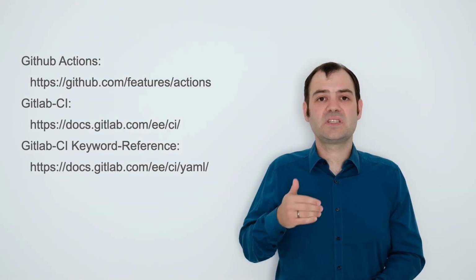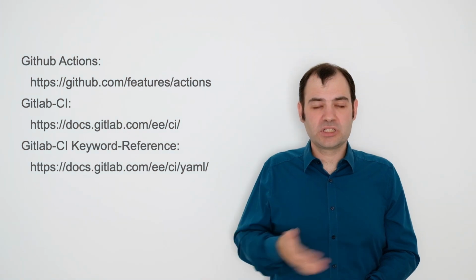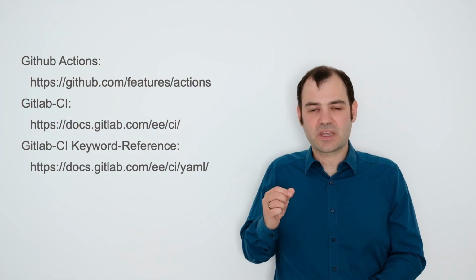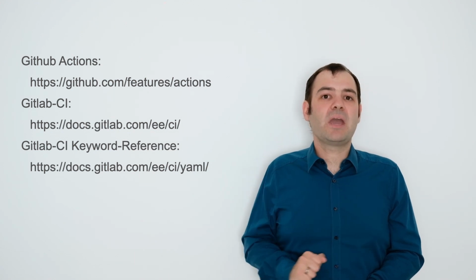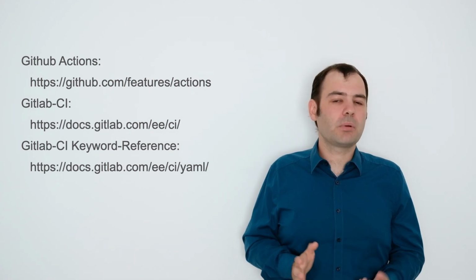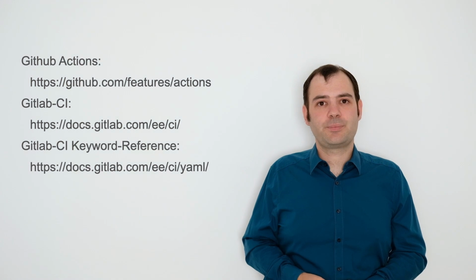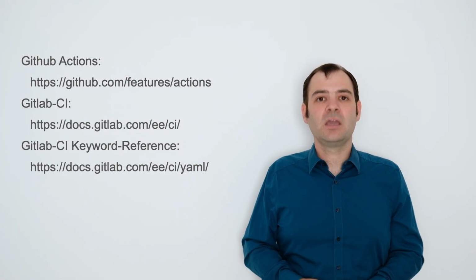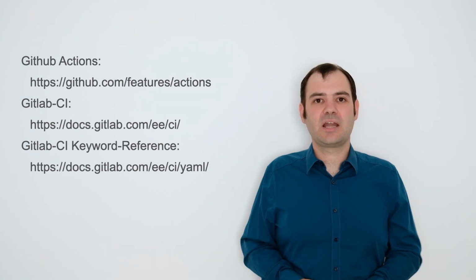And in there you see all possible keywords with all possible options. So if you're looking for something specific, you may have a look there, because probably it is possible in GitLab CI, and you just need to put it into the correct way into your YAML file so that GitLab knows what to do.